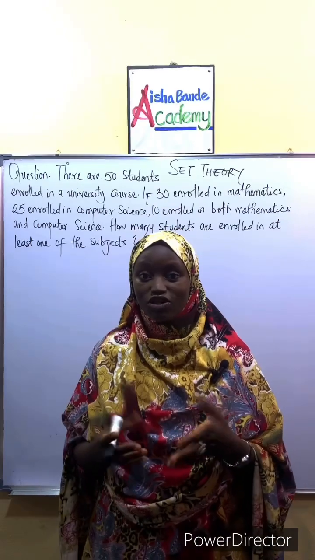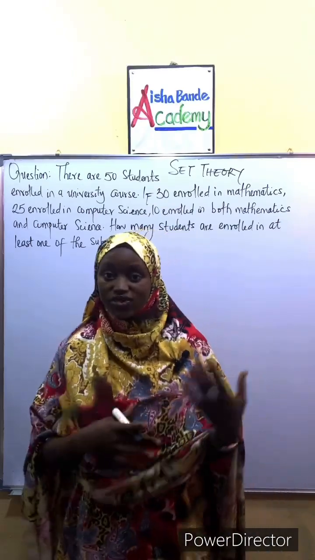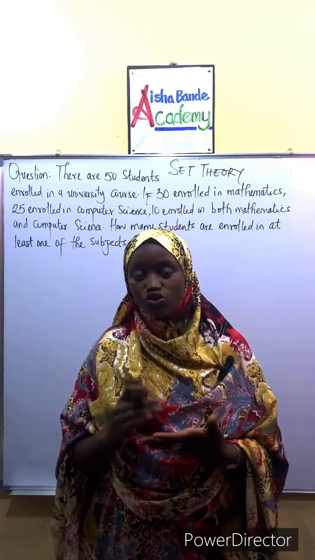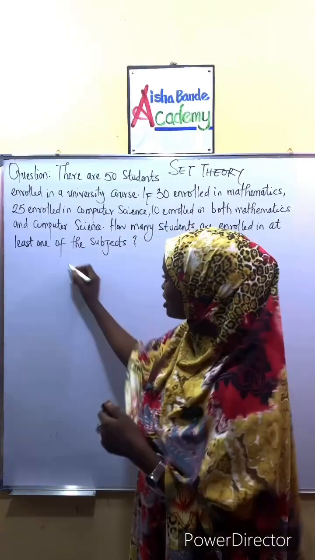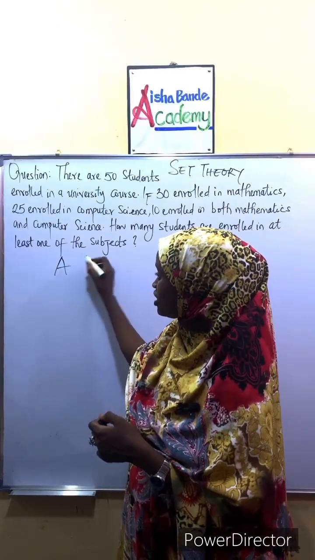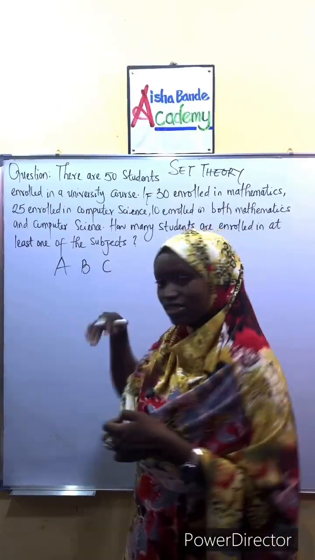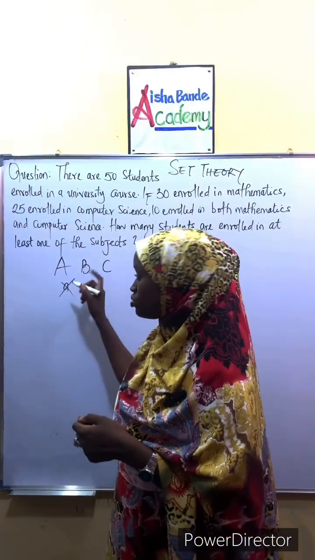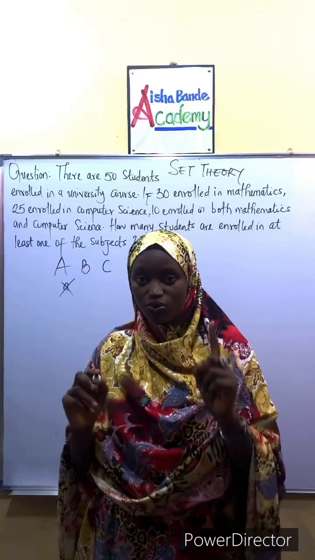Next, let's talk about the notations that are used in set theory. Sets are usually denoted in uppercase, which we call capital letters. For example, sets are given in capital letters A, B, C, etc. Sets are not given in small letters, but rather in capital letters. That's very important.